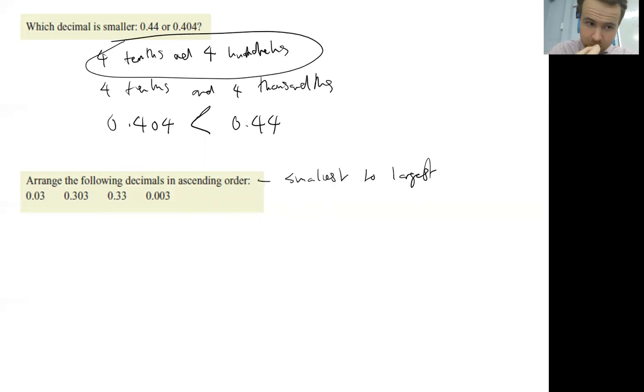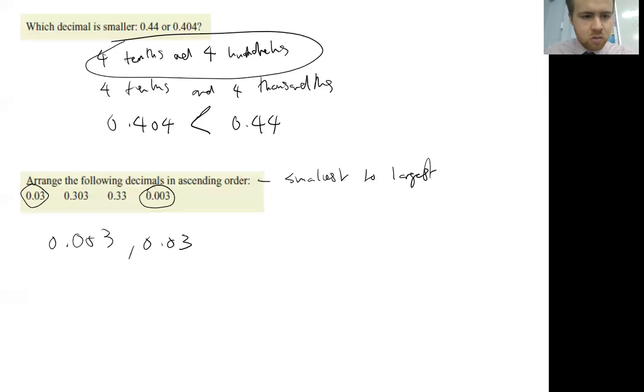We look at the place values, and this last one here is only 3 thousandths, and thousandths are the smallest place value in these examples. So we put that one first. The next one is just 3 hundredths. It's bigger than thousandths, but not as big as the other ones.